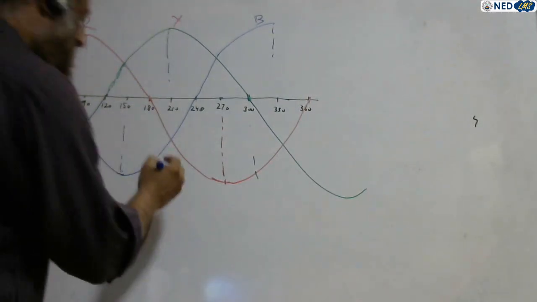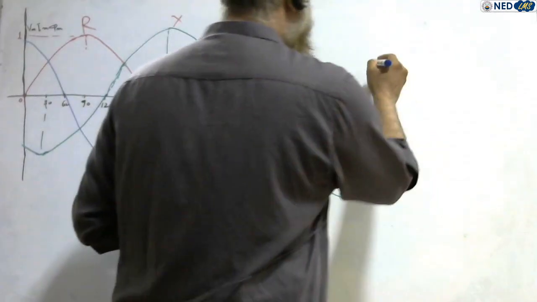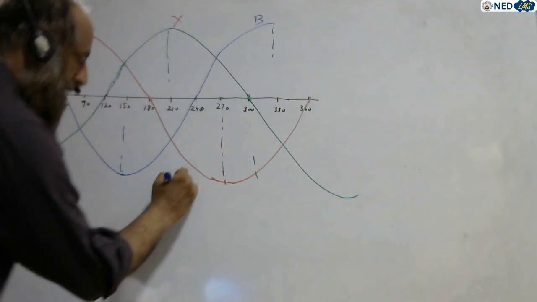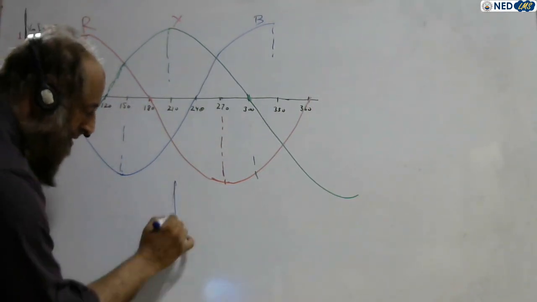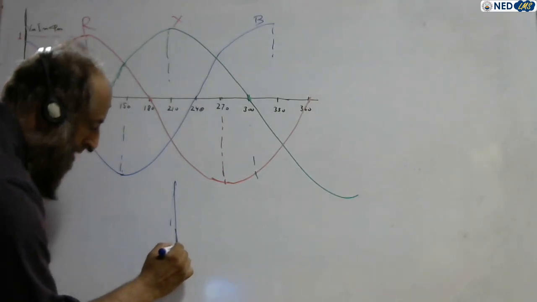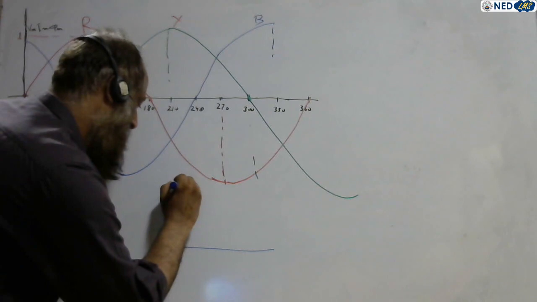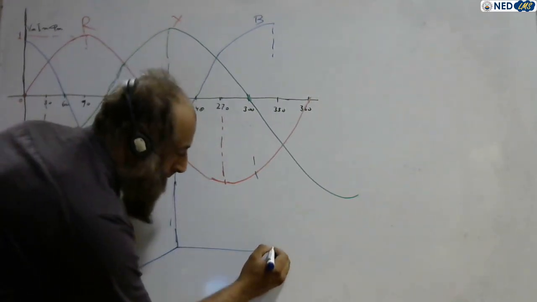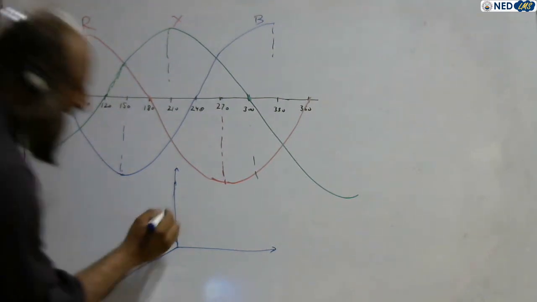So we know that our phasors we can draw like this. See, all the phases are 120 degree apart from each other, right?